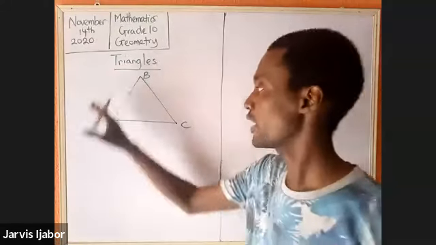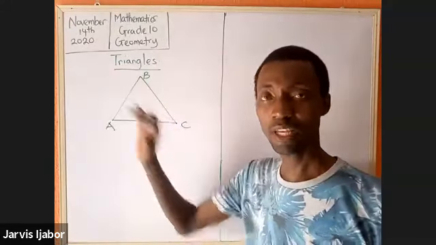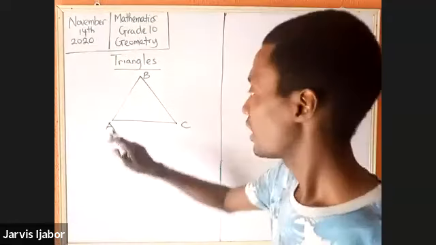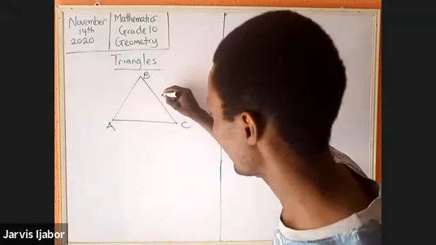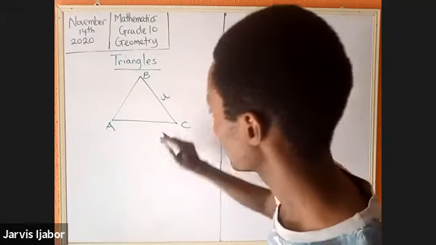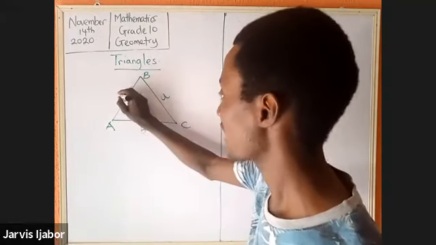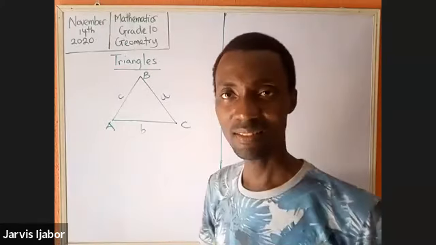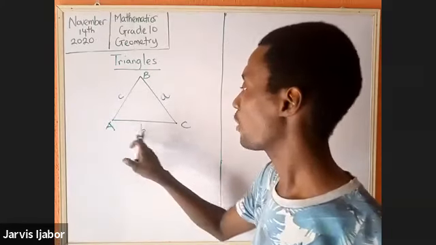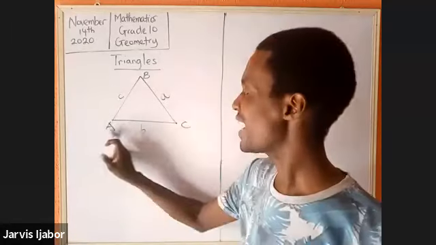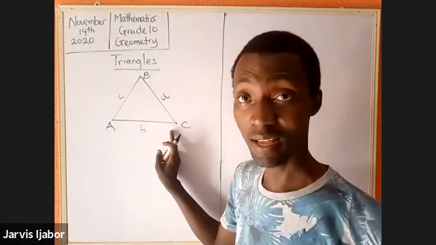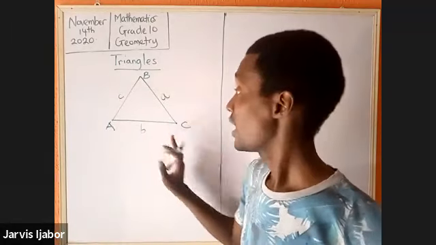So if we're to rename this figure, taking into consideration the sides and the angles, this will be side a. This will be side b. This will be what? Side c, in small letters. So this side I've called b is actually called what? AB, in terms of capital letters.